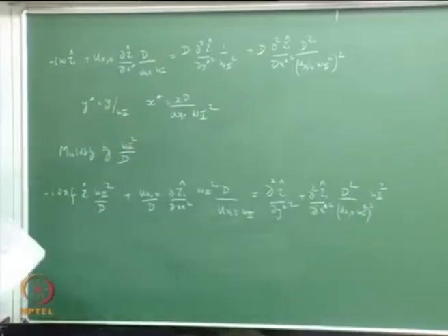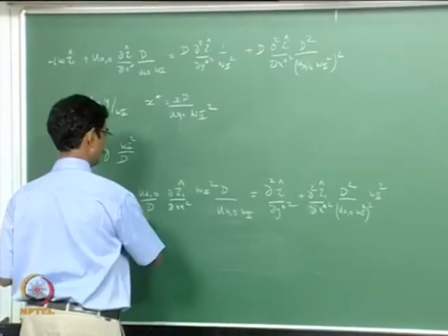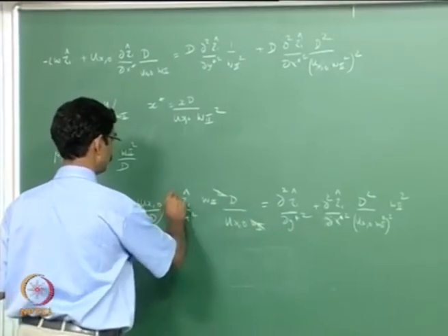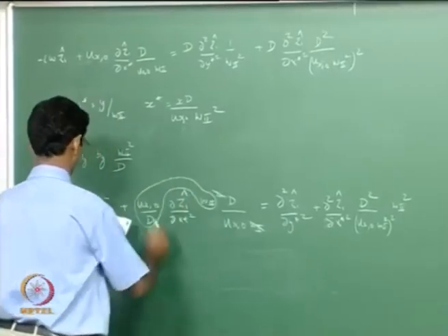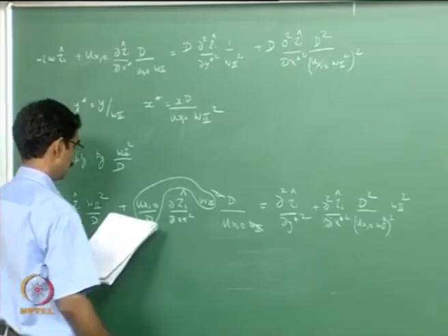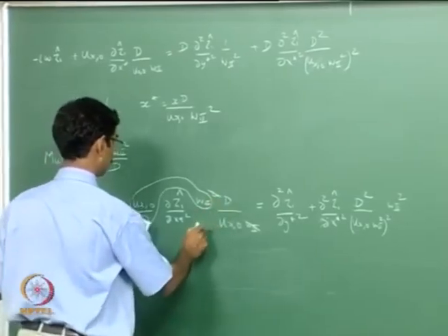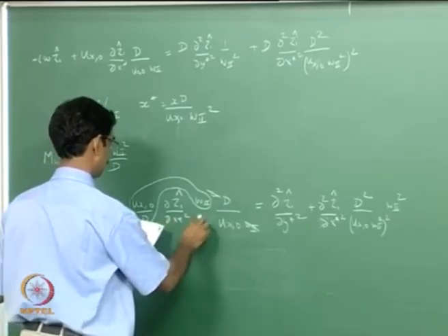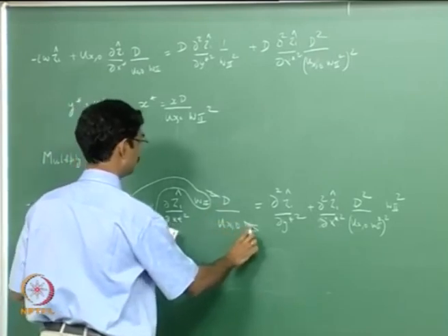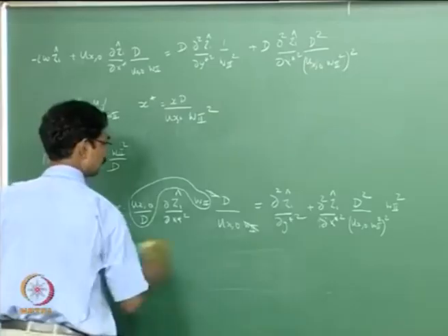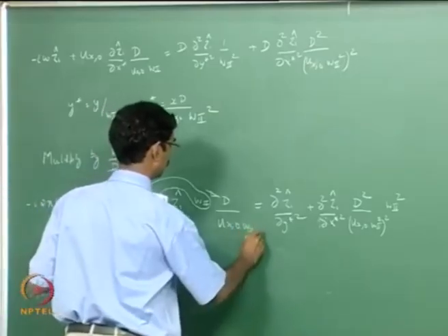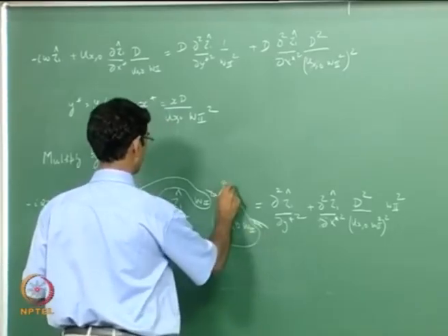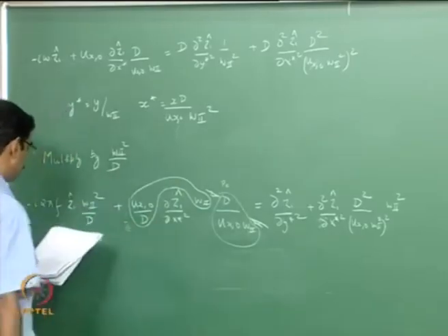Okay, now it looks like a mess, but a lot of things will cancel. So what is this? This is Peclet number. And d by, oh no, there was a W2 squared. So this is also Peclet number. This is 1 over Peclet number. So they will go.